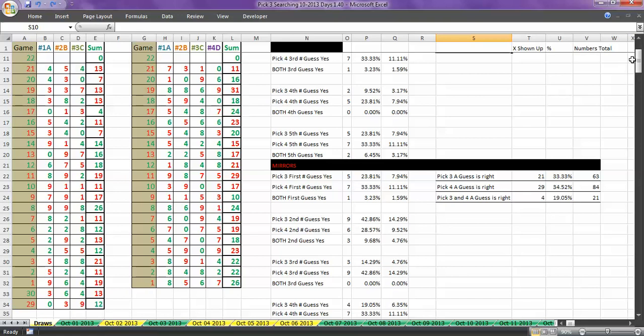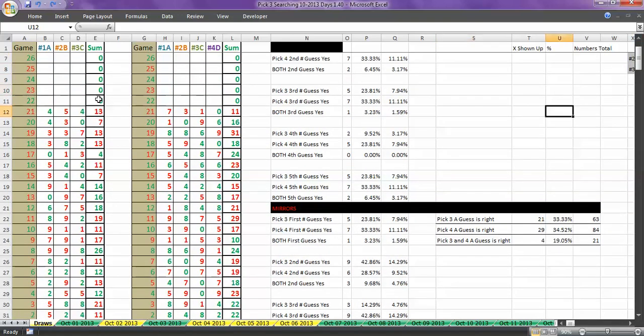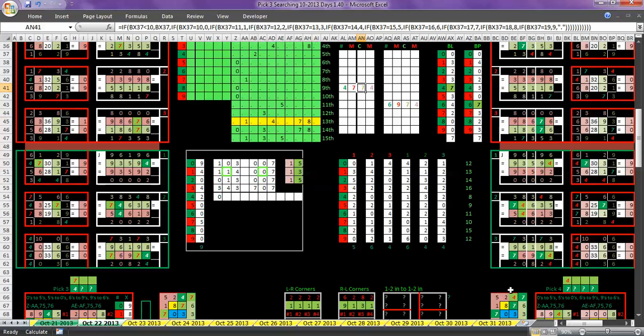Let's say here we'll put 4. Here's the mirror of the counter, 7. Go back to the 22nd, and it's doing its calculating.